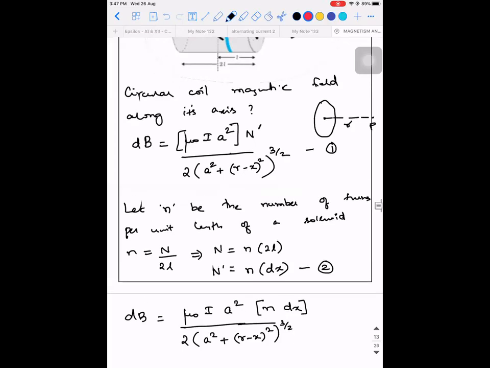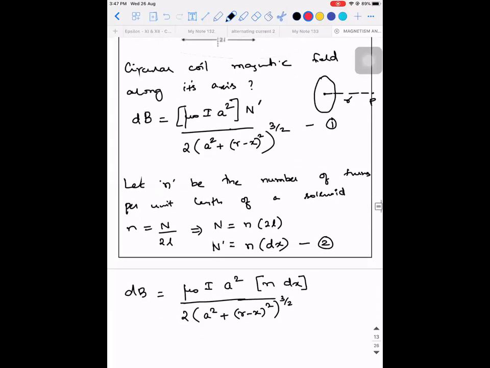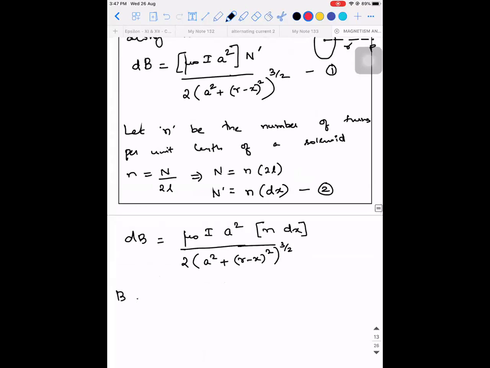So what is our work now? Our work is to find the total magnetic field. So for me to find the total magnetic field, what are we supposed to do? Integrate. Integrate from where to where? For calculating the total magnetic field, we need to integrate mu naught I a square into n dx divided by 2 into a square plus r minus x the whole square, the whole power 3 by 2.